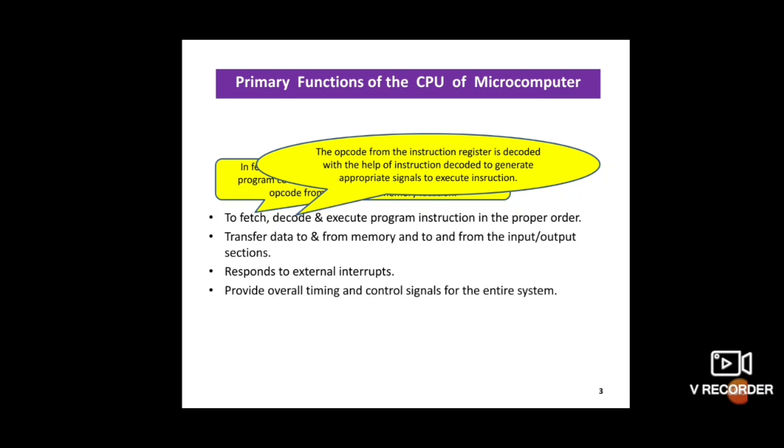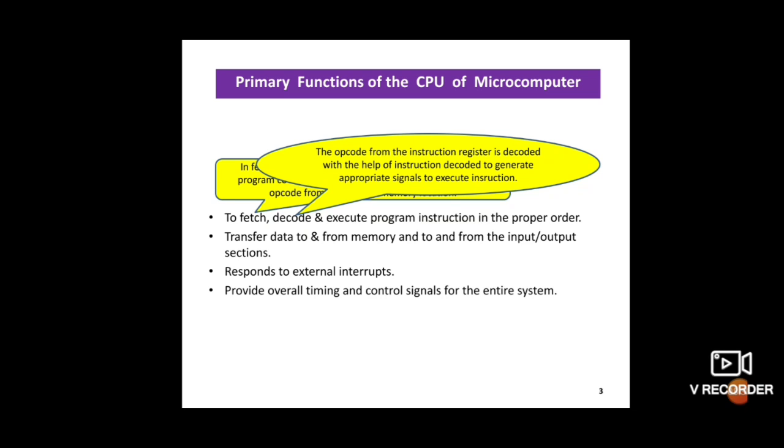The opcode from the instruction register is decoded with the help of the instruction decoder to generate appropriate signals to execute the instruction. It means the instruction decoder takes the instruction opcode from the instruction register and decodes it to generate the appropriate control signal. That is the function of decoding.